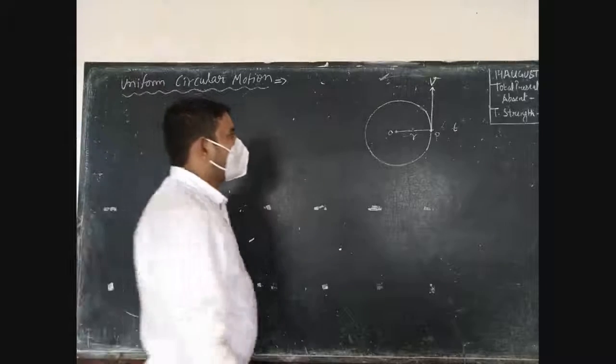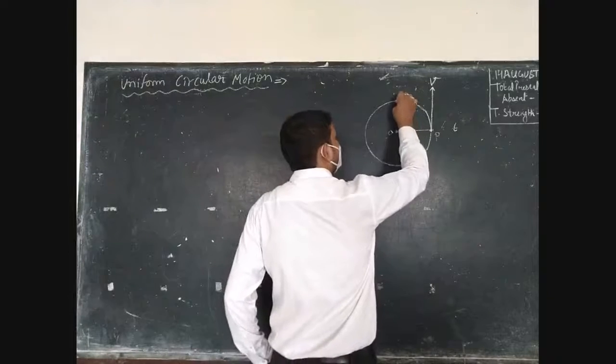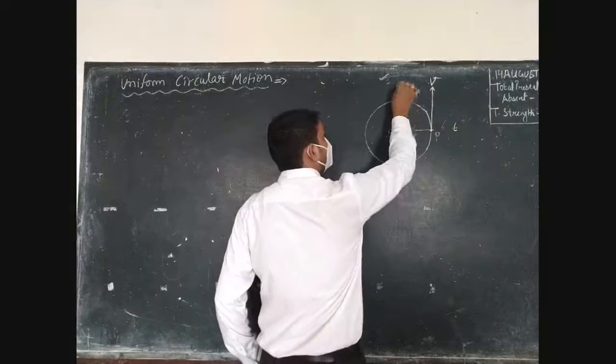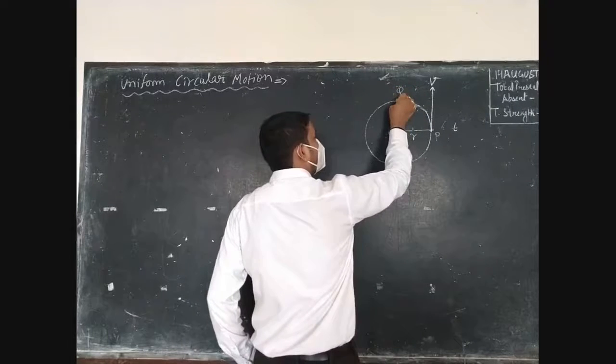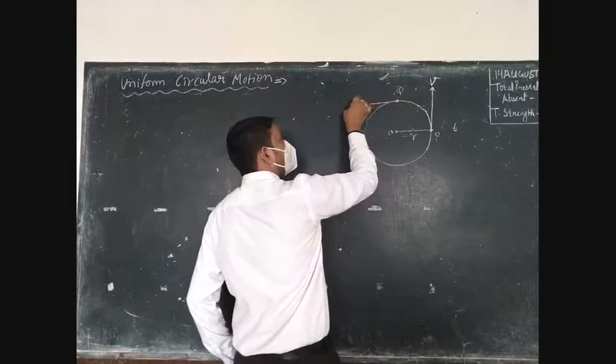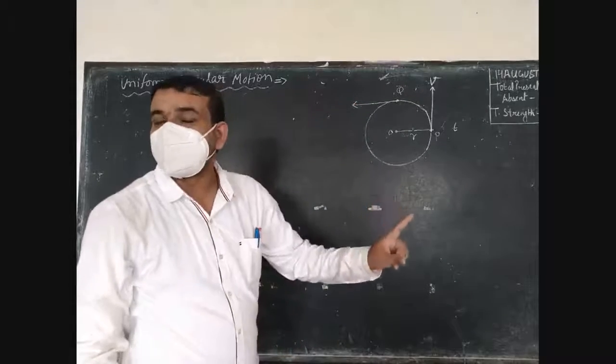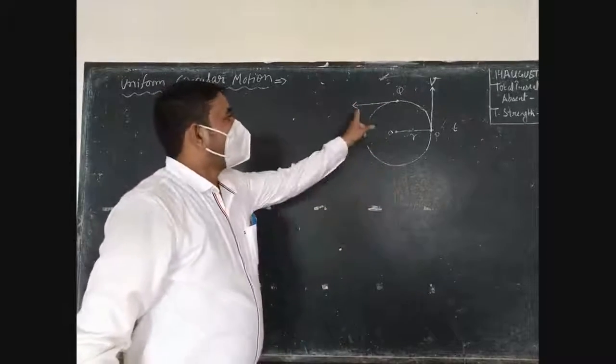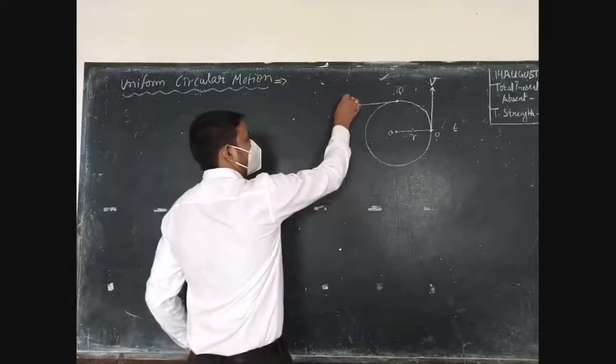And when after some time the particle reaches point Q, you need to draw a tangent again at the point on the periphery, which gives you the direction of velocity.